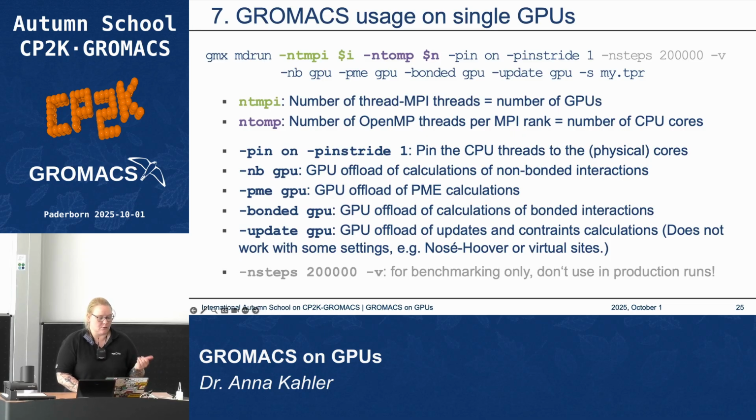That is for the non-bonded interactions, the particle mesh Ewald calculations, the bonded interactions, and the updates and constraints. GROMACS sets them automatically if it sees that a GPU is available, but it is not as efficient as if you tell GROMACS, you really have a GPU available and use it.